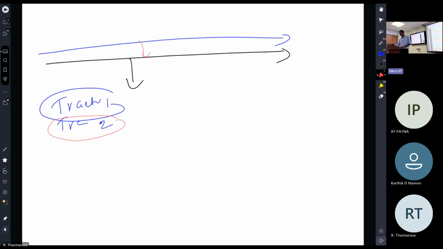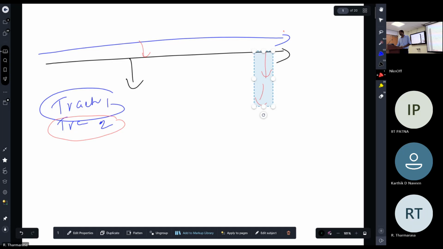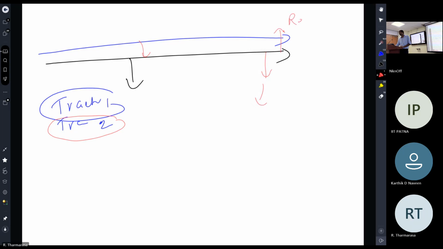When we communicate, we send the new track, then we restart here. So you have a tracker that tracks up to this, sends the information, then restarts the track. That means this information is lost in that. It's like restarting at one point, initialization, and doing the filtering again. So the new information will be captured in that track and we don't have the old information here. That way you eliminate the correlation.